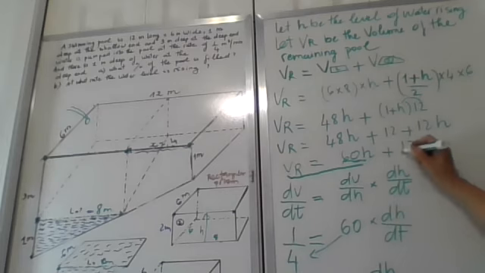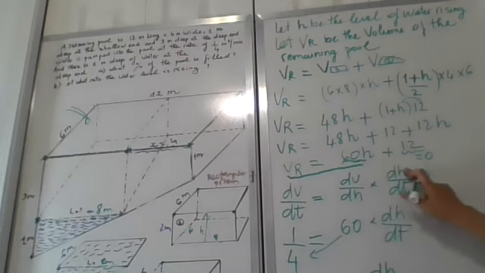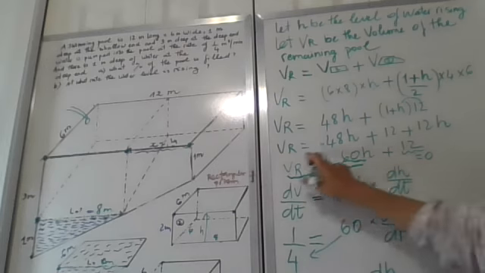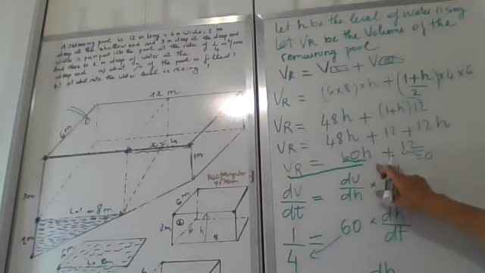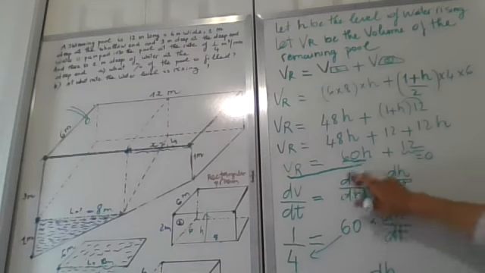When we do the derivative, the constant becomes 0, because the derivative of a constant is 0, right? So we have dV over dt equals dV over dH times dH over dt. Now, dV over dH means we take the derivative of this part. The derivative is 60, right? This is 0, so we put in 60, that's dV over dH, times dH over dt.